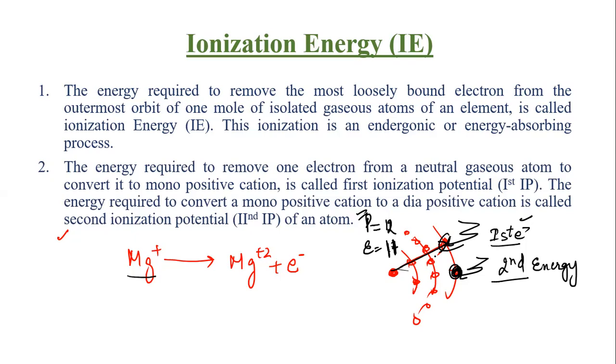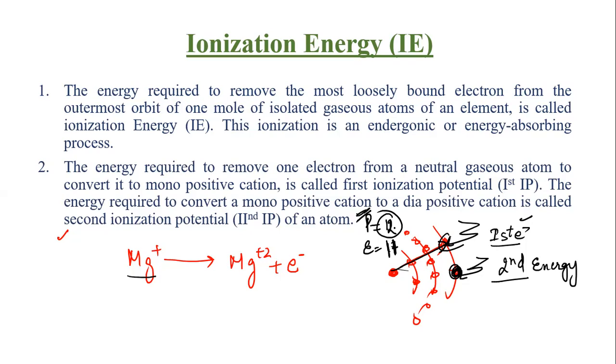Now in the same thing, see, the protons are 12 in number. Whatever force of attraction is there on the outermost electron is because of that number of protons. Earlier, 12 protons and 12 electrons, a 12 to 12 ratio.